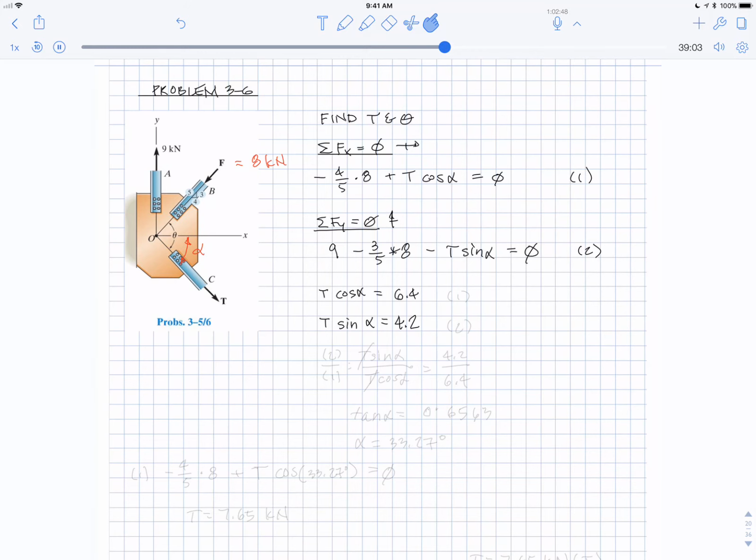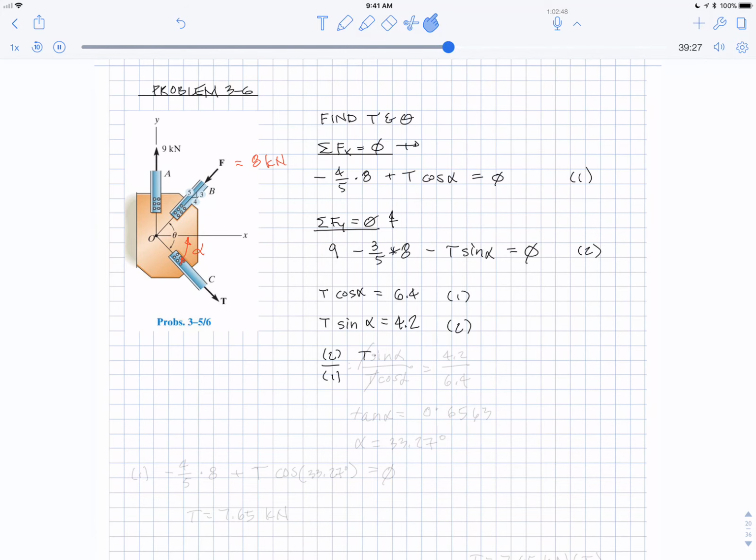I've done this enough where I know what to do. Whenever you have a problem like this, I'm going to divide the equations, and when I divide the equations it will get rid of the T, and then I'll have tangent of alpha and I can solve for that. So I'm going to take equation 2 divided by equation 1 because I want sine over cosine to get tangent alpha.